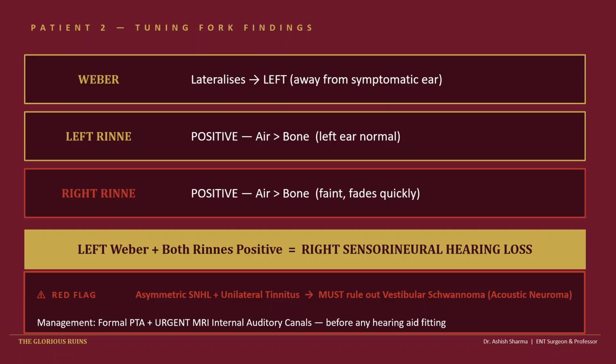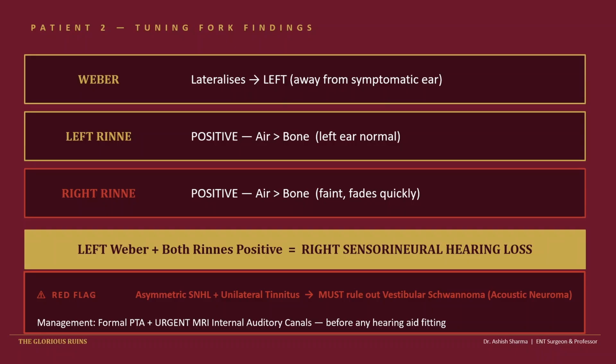But I do not stop there, and this is the part that matters the most. Asymmetric sensory neural hearing loss with unilateral tinnitus is a red flag combination. I cannot simply fit this man in a category which says it's a noise-induced hearing loss and send him home. Why?